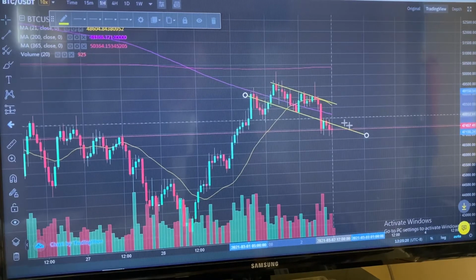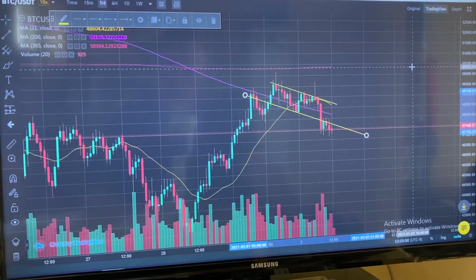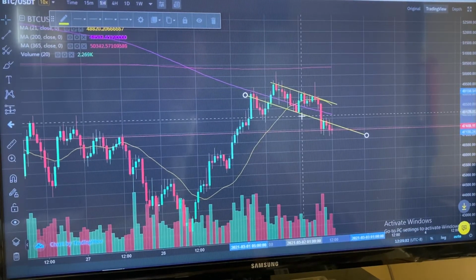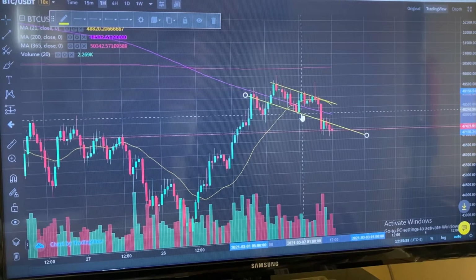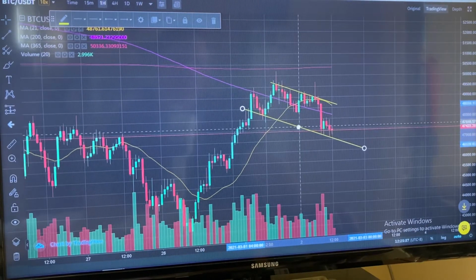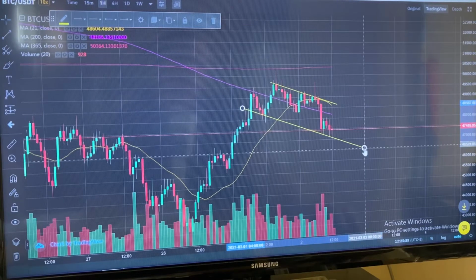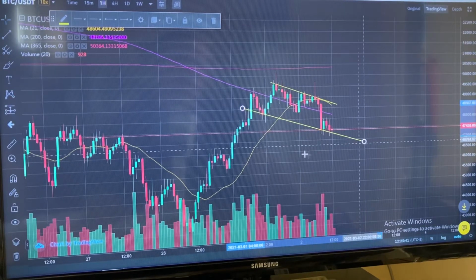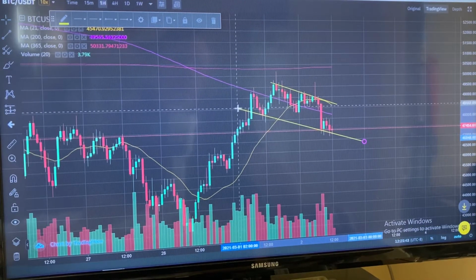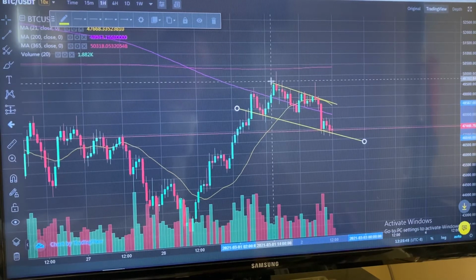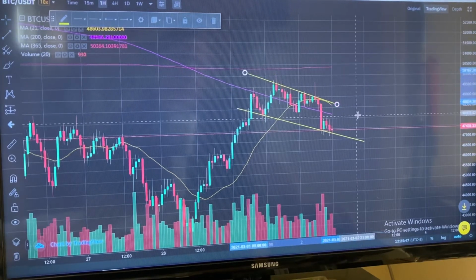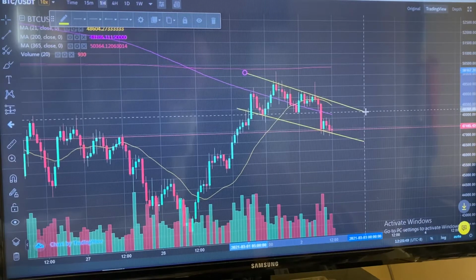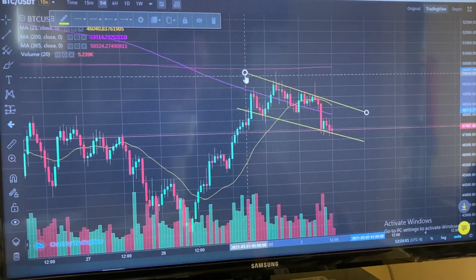Because when things go down, they eventually have to go up. We could also broaden this channel to here. So this looks a little more valid.